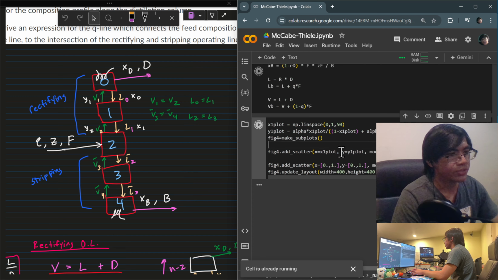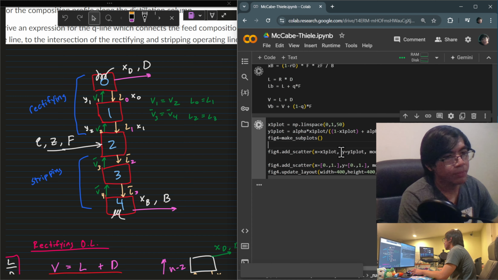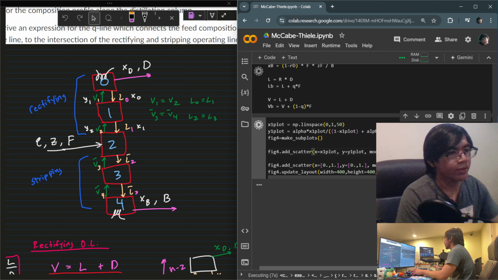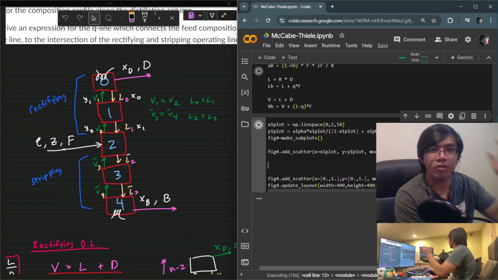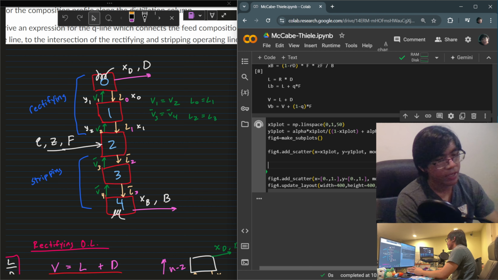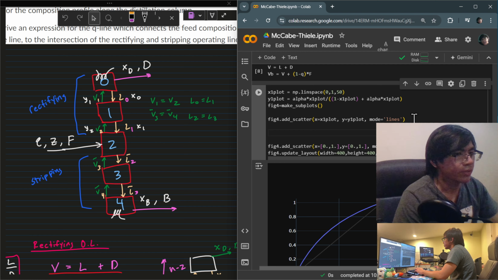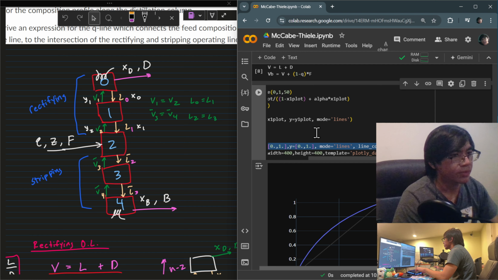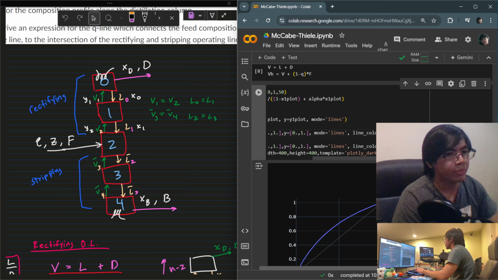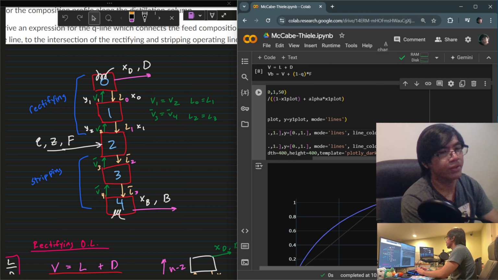So we can actually go straight to graphing. Remember this is from our relative volatility binary XY diagram. And if we want to graph our points, I think I'll use this since this is graphing a point. Maybe you don't have to go too overboard here, but let's start with our rectifying operating line.